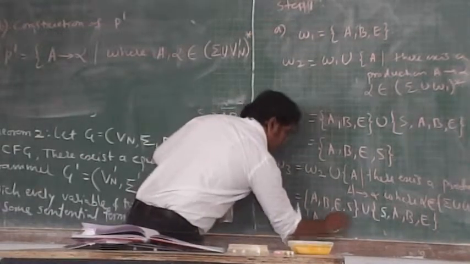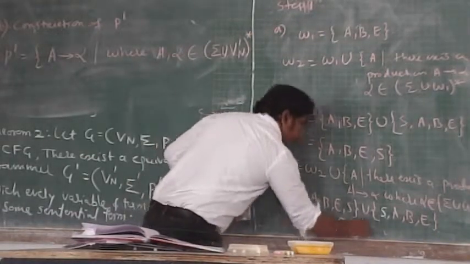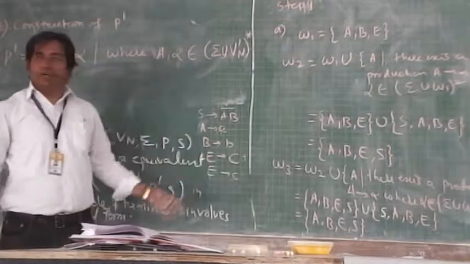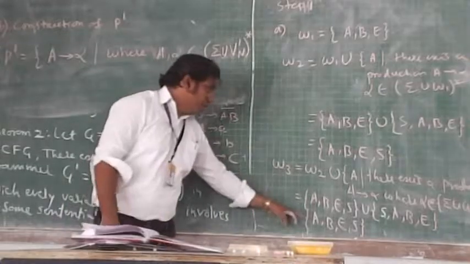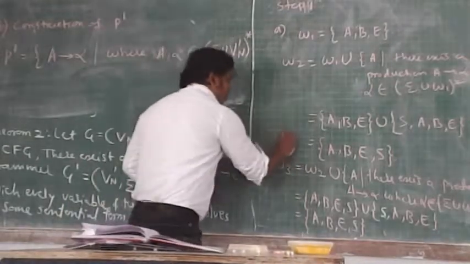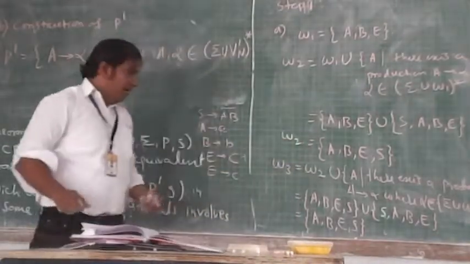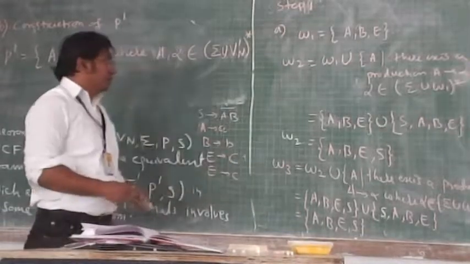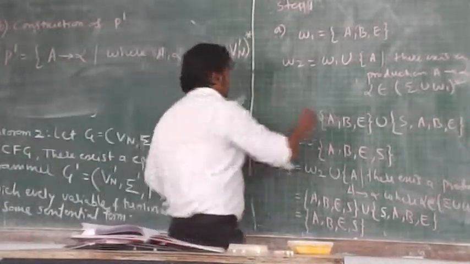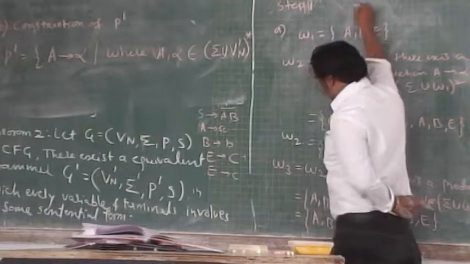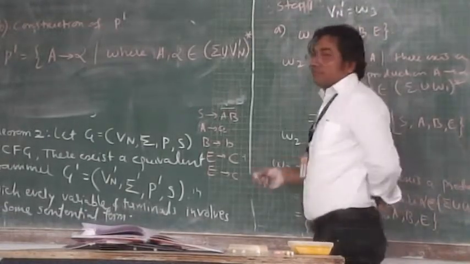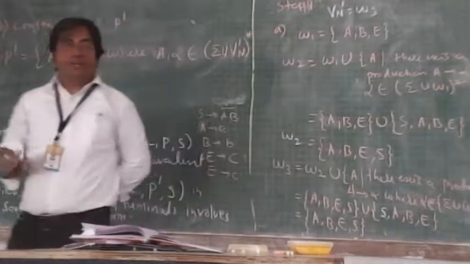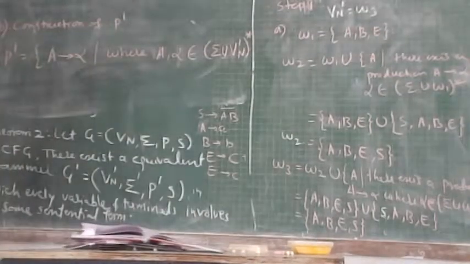I got the same set, equivalent to W2. I got W3 equivalent to W2, so I need to stop the procedure. And this W3 I should consider as Vn dash. So Vn dash I calculated for my given grammar.